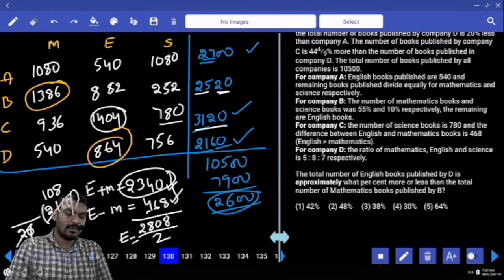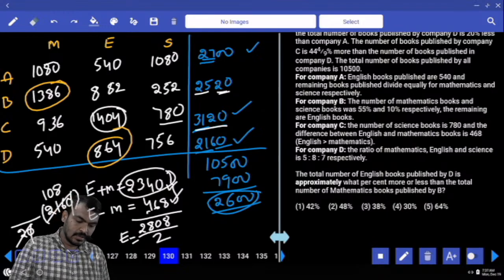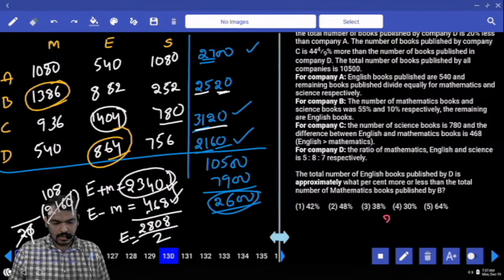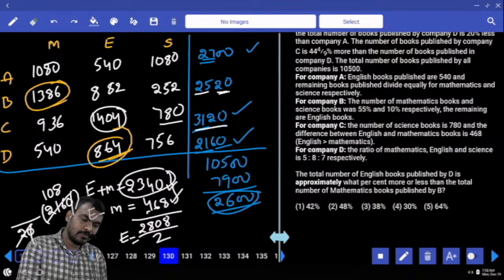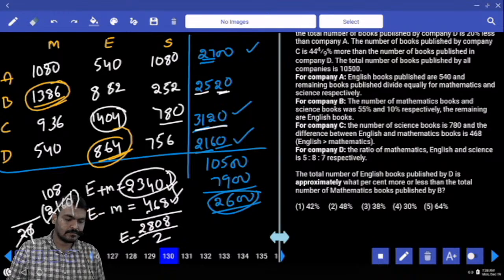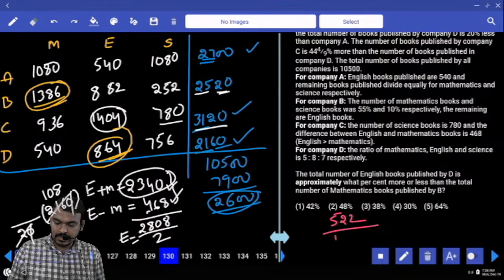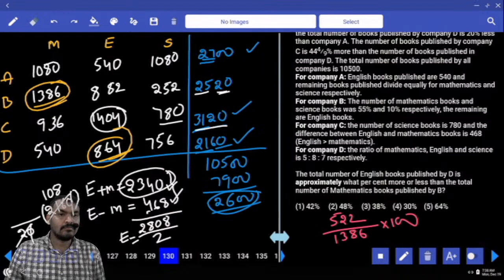Obviously we are getting less. 864 and 1386, what is the difference? 522. 522 is what percent of which one? 1386 into 100.